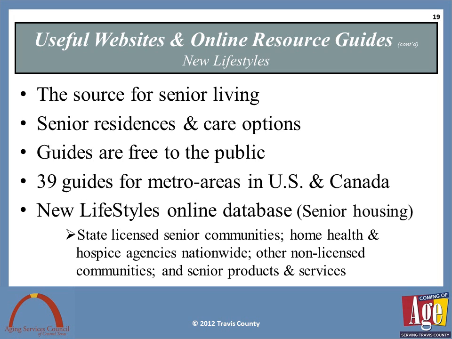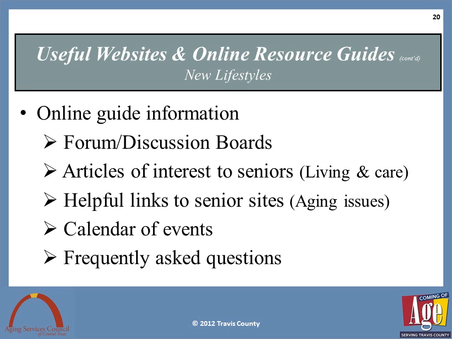And then their online database has information such as senior housing, state licensing, and regulation requirements. Again, their online guide is more up to date. They can update that more frequently than they can the hard copy. And they have forum and discussion boards that may be of interest to older adults, information about senior living and care, information about aging issues and products and services.